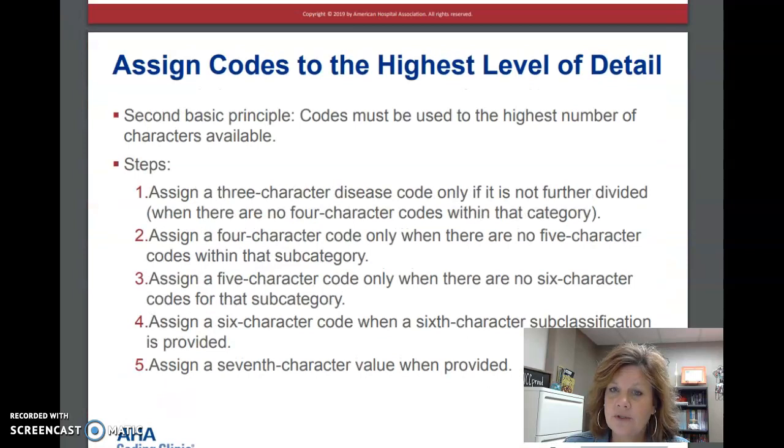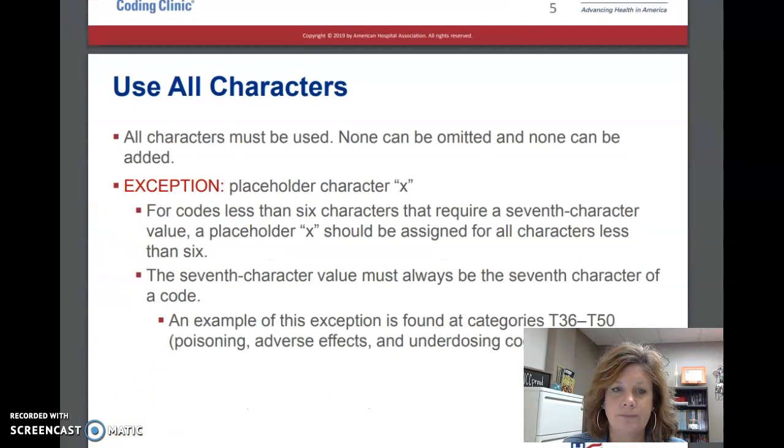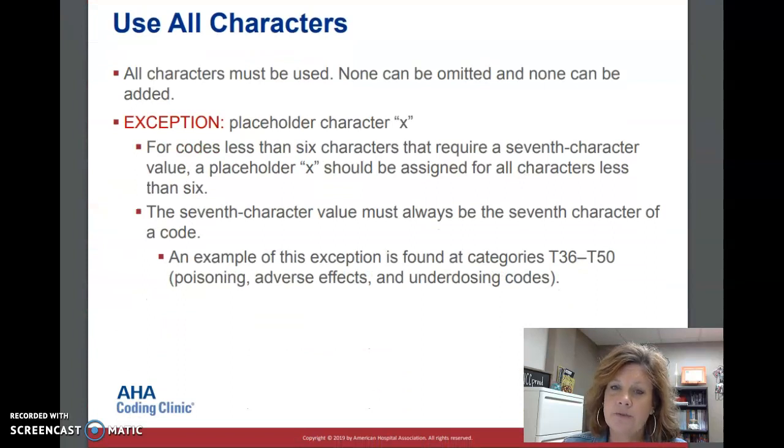And then assign that code to the highest level of detail. If you have a 3-character code, you really do need to look to make sure there's not 4 characters. If there's 4 characters, you look to see if there's 5. And we have 5, 6, and 6 is 7. 7 again is the highest we can go. All characters must be used.